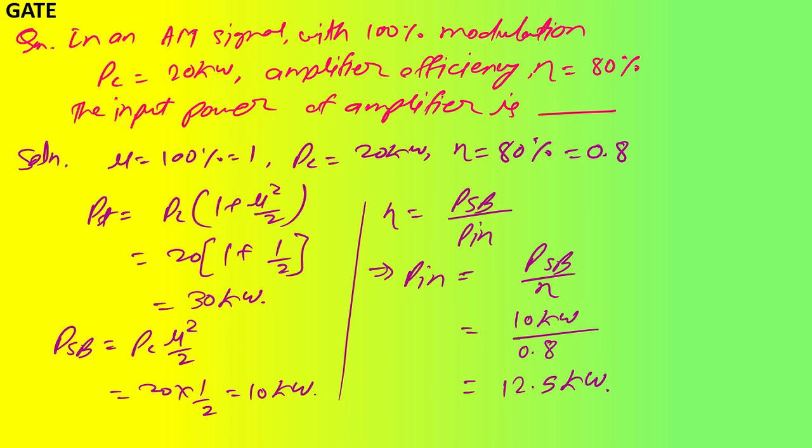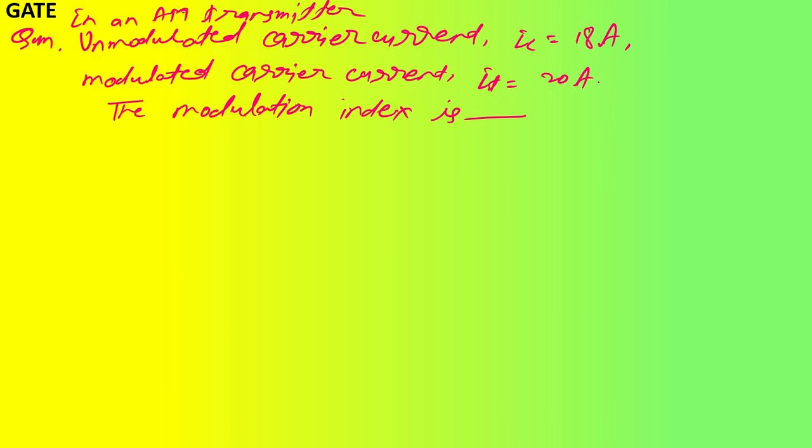Taking the third question. In an AM transmitter, the unmodulated carrier current, it is not modulated, IC is given as 18 ampere. Modulated carrier current is 20 ampere. So the modulation index is being asked.